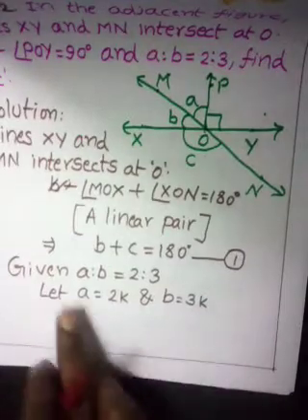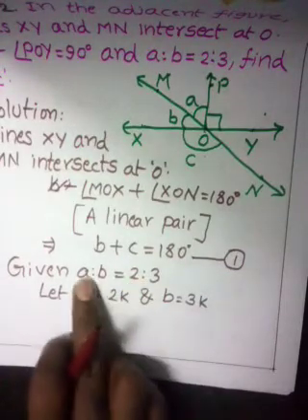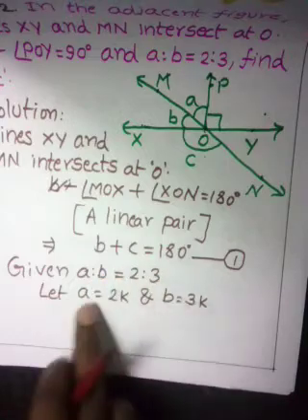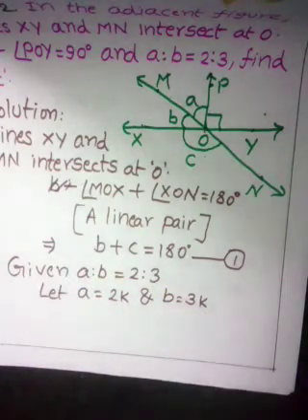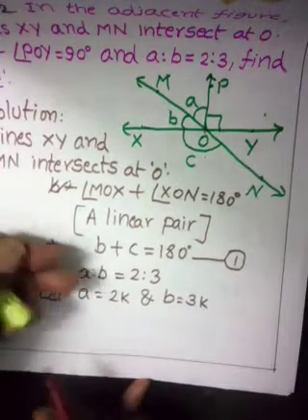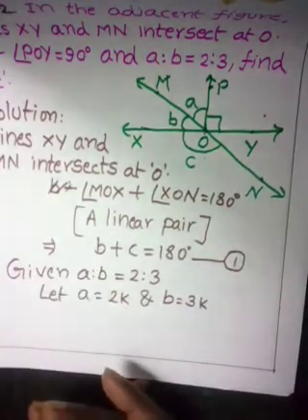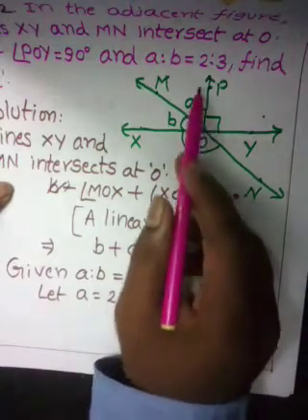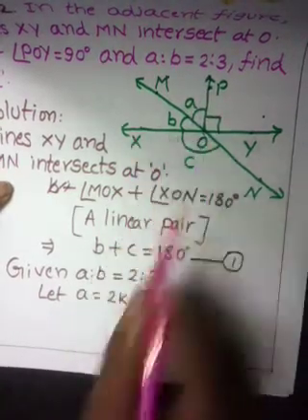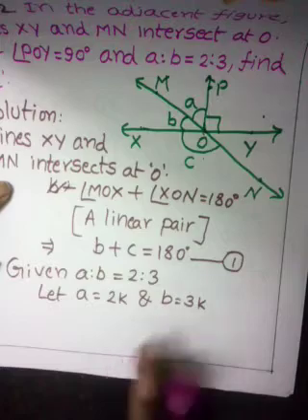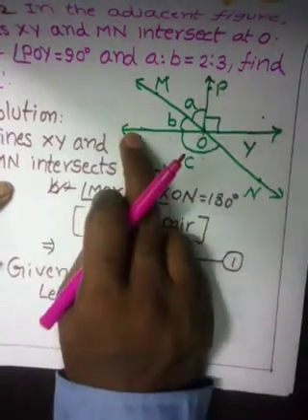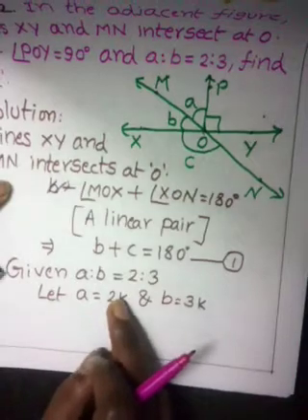Understood this step, my children? For our convenience, we have taken A is equal to 2K and B is equal to 3K. Understood this step, my children? Right. If you observe the figure, angle POX is 90 degrees because angle POY plus angle POX, this is also a linear pair.